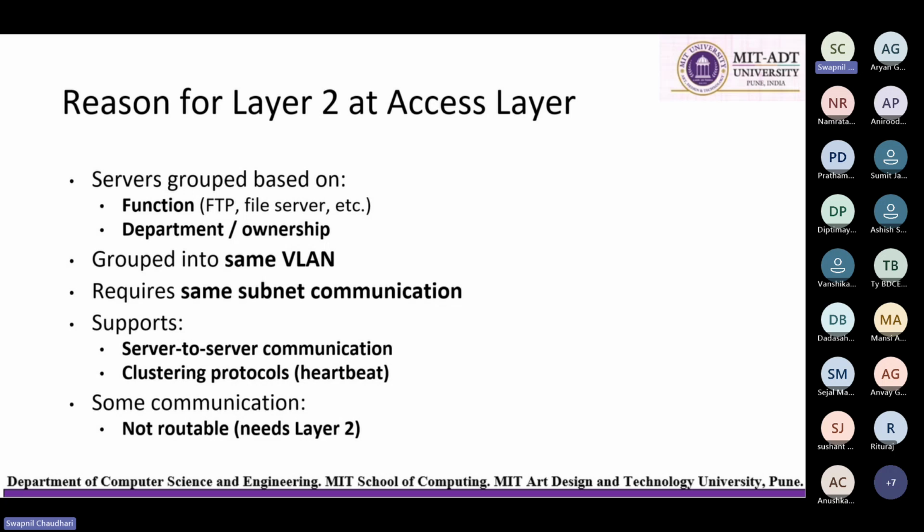Because some communications require the same subnet and cannot be routed. Layer 2 ensures direct communication, compatibility with cluster protocols, and efficient application performance. These are the reasons we choose layer 2 at the access layer.